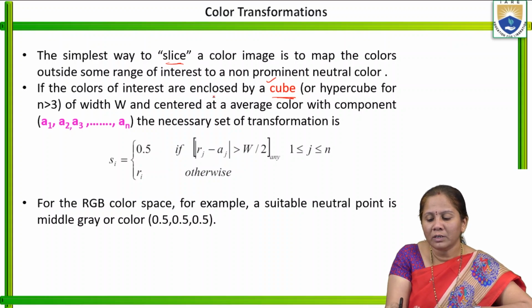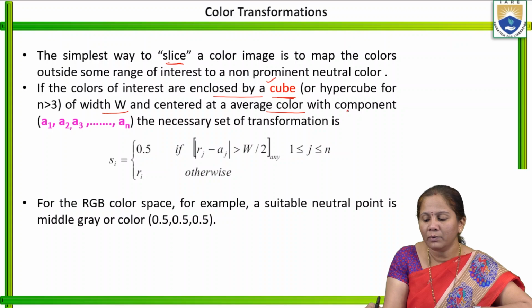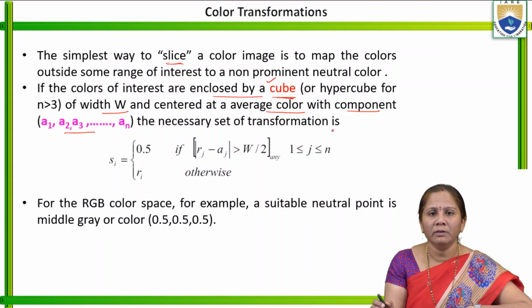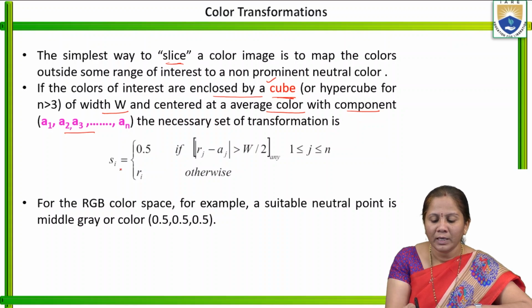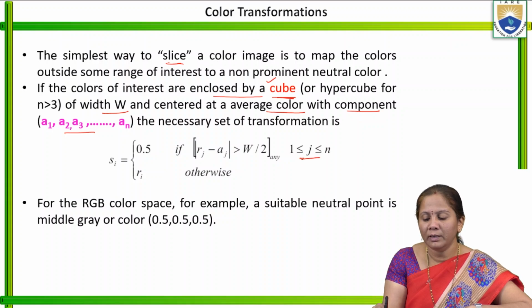Now, if the colors of interest are enclosed by a cube-like structure, with the width of that cube defined as W and centered at the average color with components A1, A2, A3 and so on up to AN, which represent the color components, the transformation formula we need to apply is Si equals 0.5 if |Rj minus Aj| is greater than W/2 for any j, where 1 is less than or equal to j, less than or equal to N, and Ri otherwise.